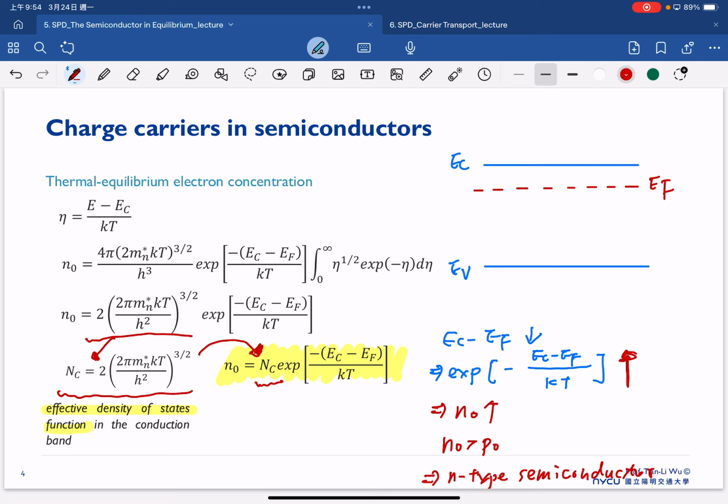It tells us that once our Fermi energy is close to our conduction band, our semiconductor material becomes N-type. Later on we will use the Fermi energy, whether it is close to the conduction band or close to the valence band, to determine whether a material is N-type or P-type.